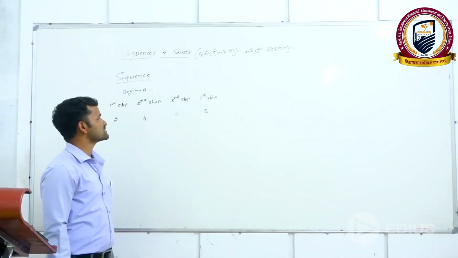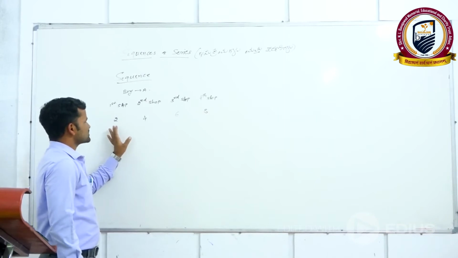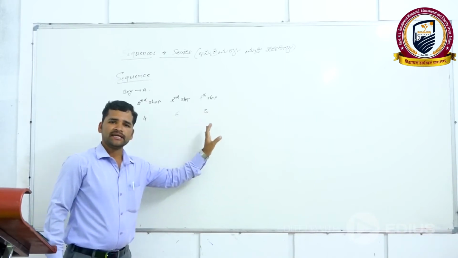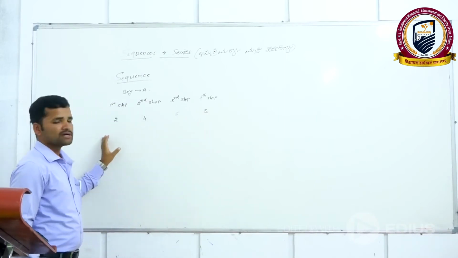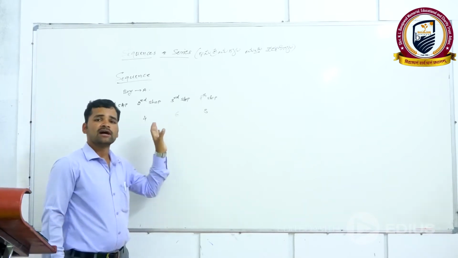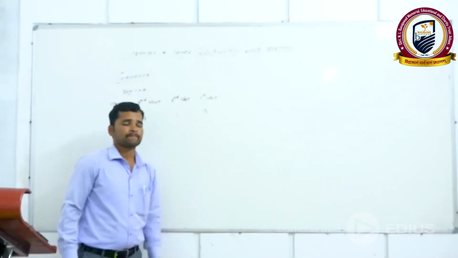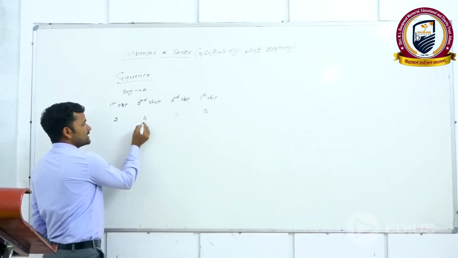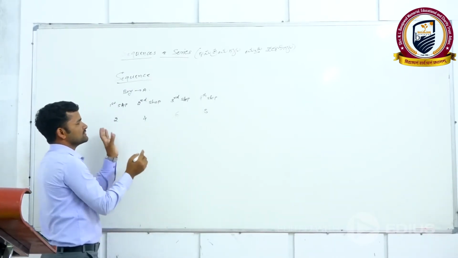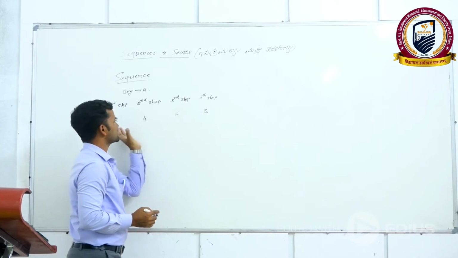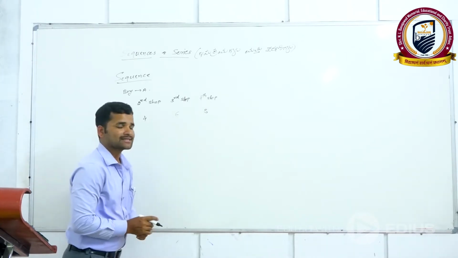What I am trying to say here is these numbers 2, 4, 6 and 8 are arranged according to a particular order. Whatever numbers are appearing here are known as terms.